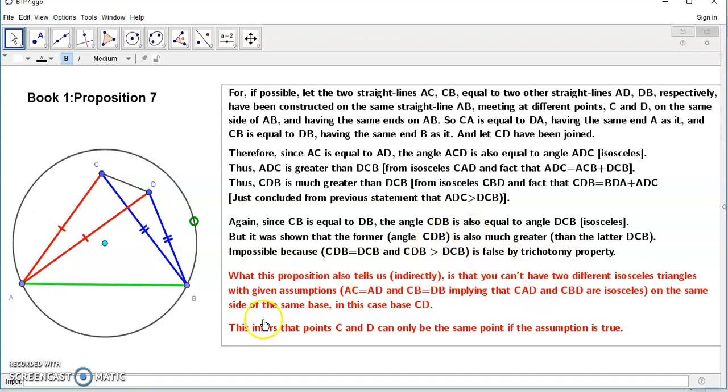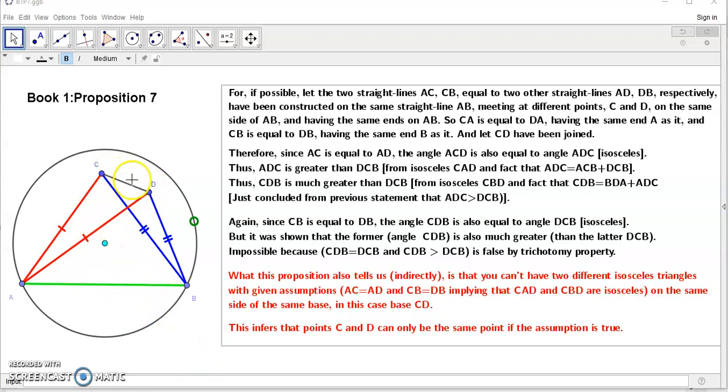Now, in just a very few simple lines, let me tell you what this proposition is saying. It is telling you that you can't have two different isosceles triangles with these assumptions on the same side of this base, CD.